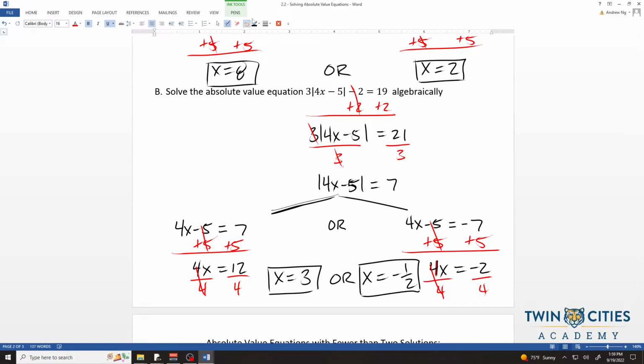So there's how we use our 3 steps to solve absolute value equations. Isolate the absolute value, split it into a disjunction, and then solve both parts of the disjunction.